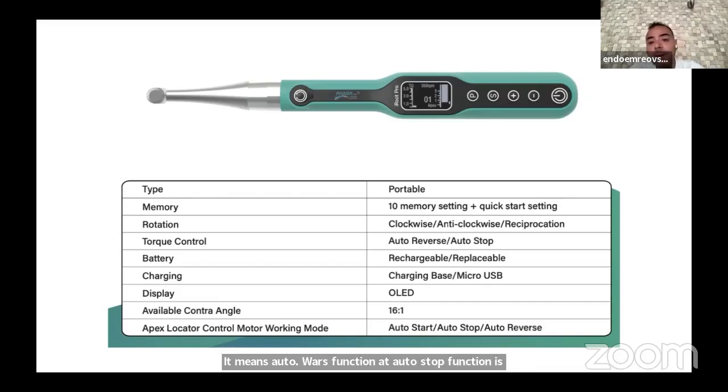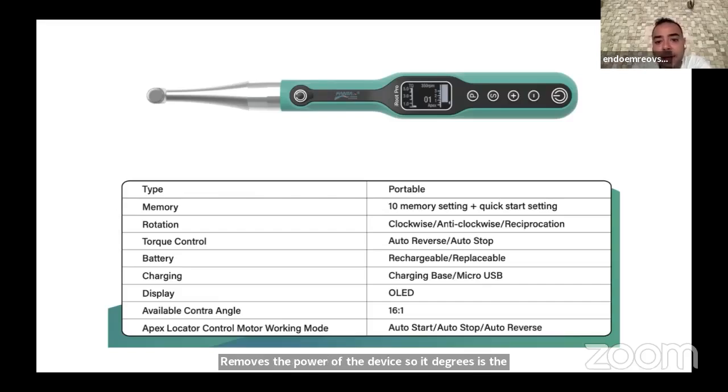It has a very powerful battery, as I mentioned. So I don't need to charge it in every case. I treat 20, 25 patients without charging my endomotor. And the most important thing is that it doesn't lose its power, because with battery-integrated devices, if they don't have a large capacity battery, and if the battery is not durable, when you use it, it loses the power of the device, so it decreases the function of the device.